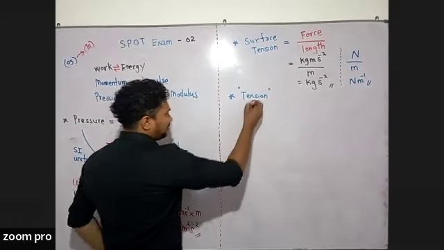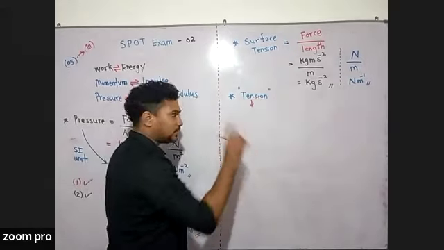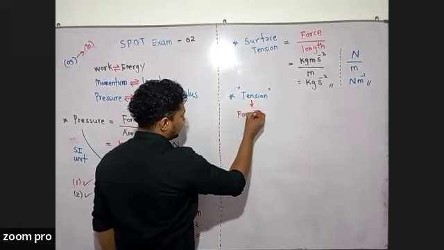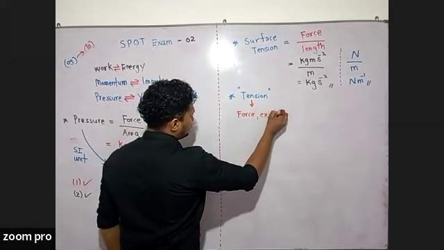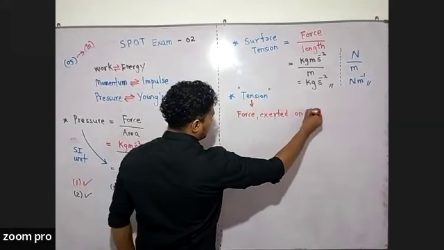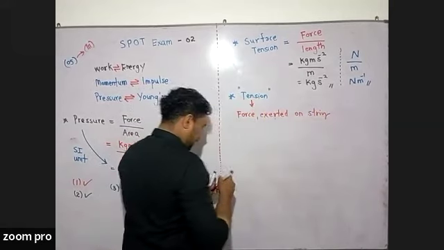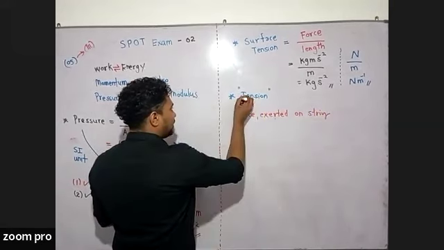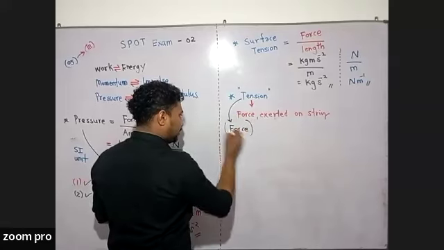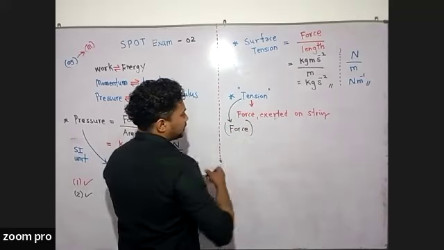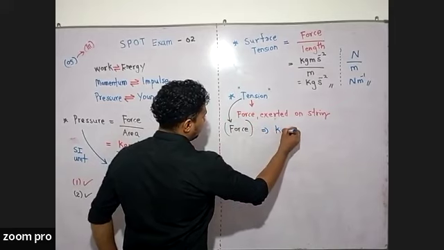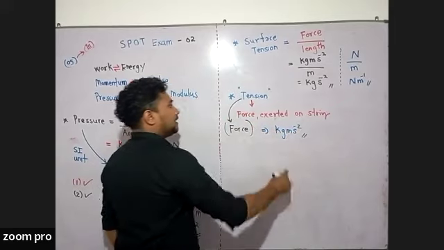So normally tension means force exerted on string. So that means tension is a kind of force, and the unit of tension can also be considered as kg m s^-2, right?